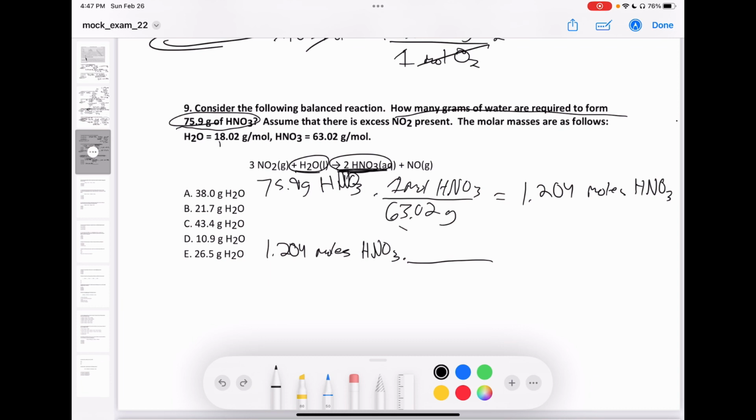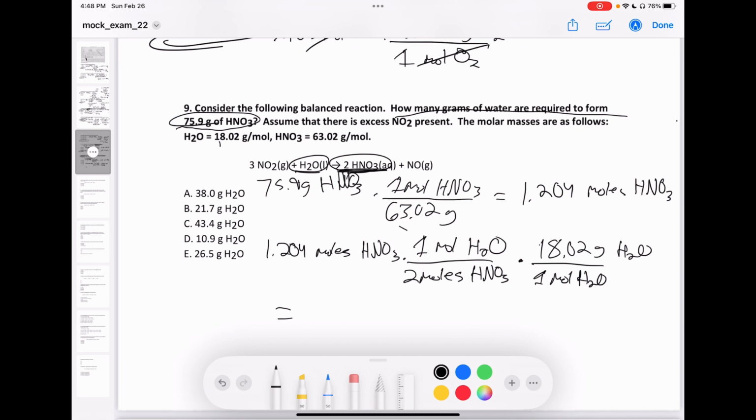So we put the 2 moles HNO3 from the mole ratio in there to 1 mole of H2O, and then for every 1 mole of H2O, it is 18.02 grams H2O. And that is equal to, divided by 2 times 18.02, about 10.9 grams of H2O.